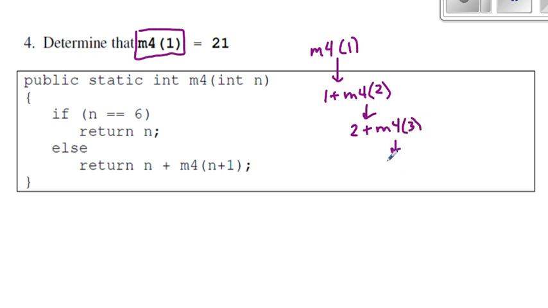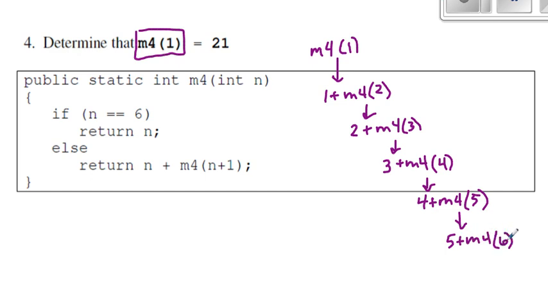For this one, n is 3, and the number in here goes up by 1, 4. Here, n is 4 plus m4 of 5. My base case is 6, so I've got one more to go. And I'm going to do 5 plus m4 of 6. And now I know that if n equals 6, I return n.